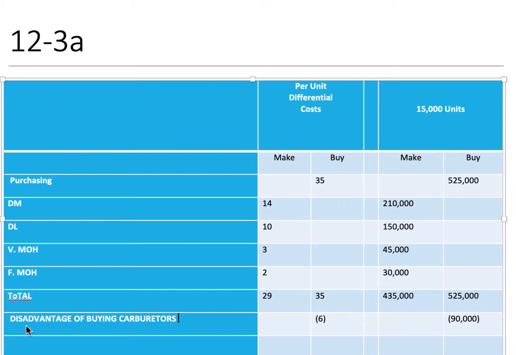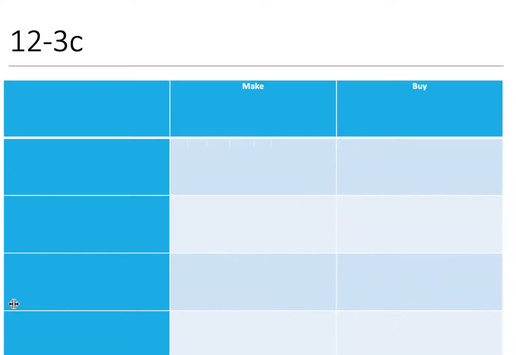Now, number 3 says, suppose that if the carburetors were purchased, meaning we don't make them anymore, the company could use the freed up space to launch a new product. That new segment margin for the new product would be $150,000 per year.